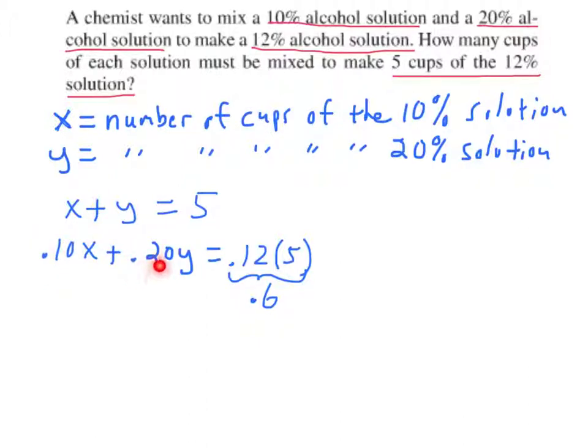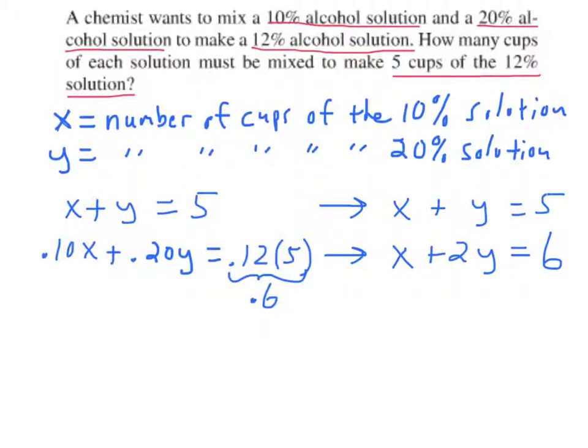And this term would become 2y. And this term would be 6. So let me write those in. So we would just get 1x, so that's just x, plus 2y equals 6. It becomes nice and simple that way. And we still have our top equation, x plus y equals 5.